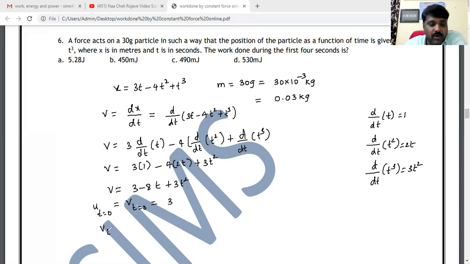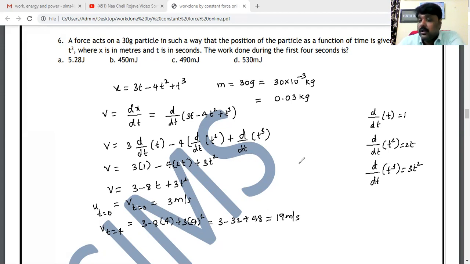Similarly, let us find the velocity at t equals 4, that equals 3 minus 8 into 4 plus 3 into 4 square, that equals 3 minus 32 plus 48. 48 minus 32 is 16, plus 3, we have got the final velocity as 19 meters per second and the initial velocity as 3 meters per second.